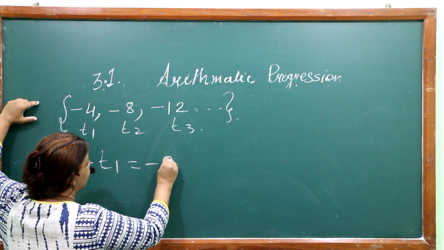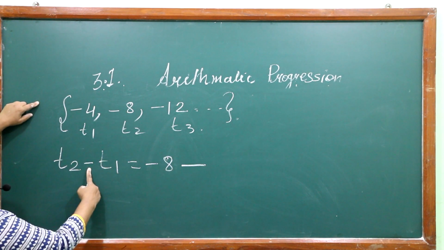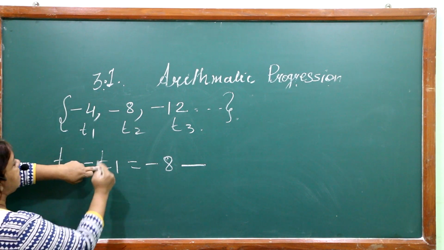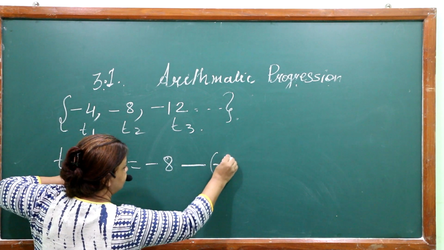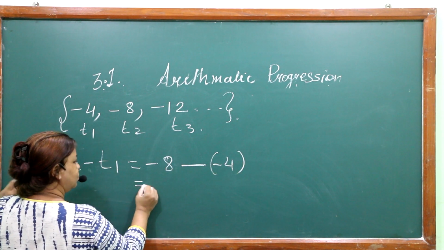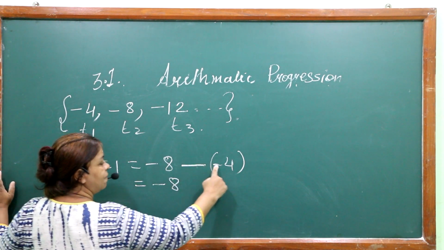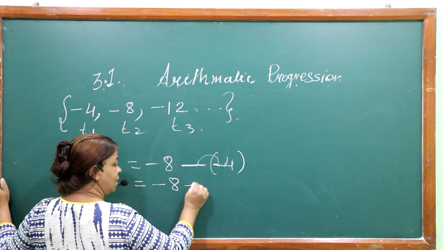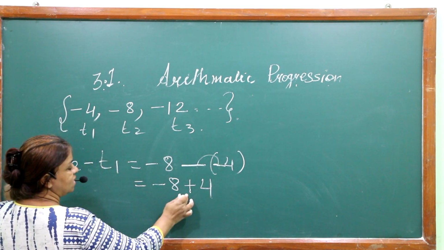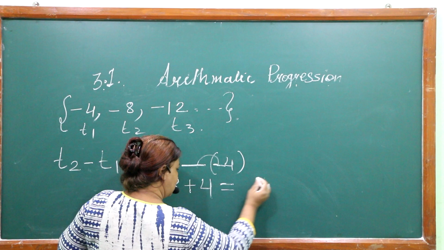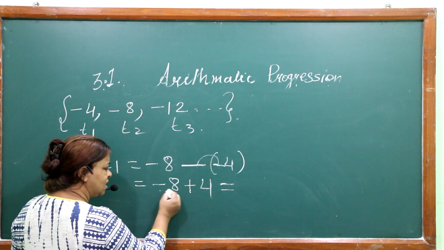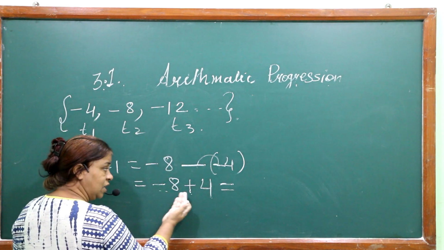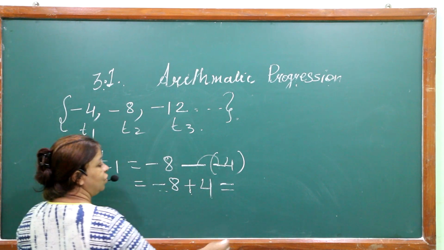T2 is minus 8, then minus, and T1 is minus 4. Minus 8, minus, and minus. Minus is outside the bracket, minus and minus will become plus 4. Minus 8 plus 4: one is minus, one is plus, so the subtraction, 8 minus 4 is 4.